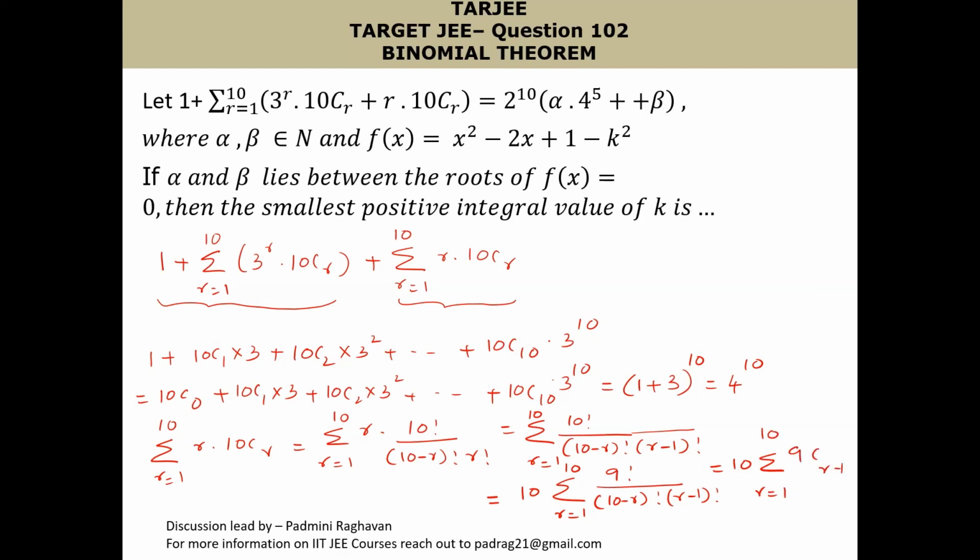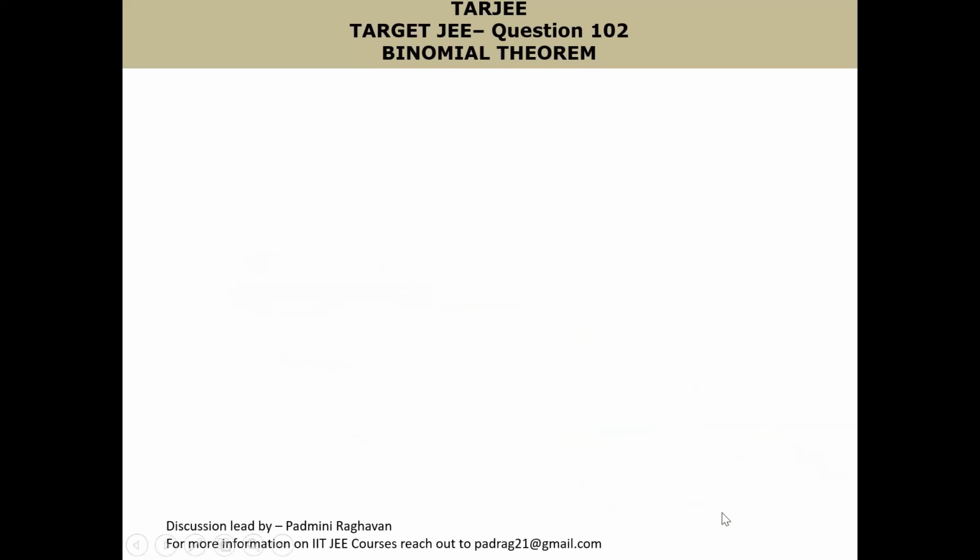Now let us see what this term is equivalent to. 10 into sigma r is equal to 1 to 10, 9c r minus 1. If I replace r is equal to 1, it becomes 9c0 plus 9c1, and the last term is going to be 9c9, and we very well know this is equal to 10 into 2 to the power of 9.